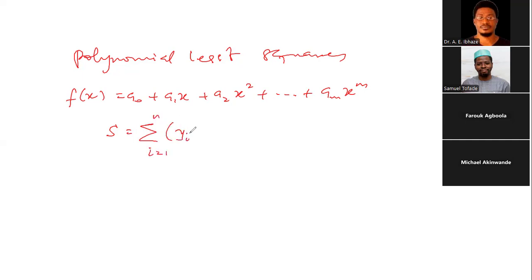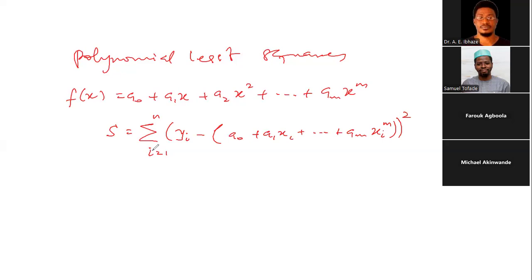Here, we subtract this function from y sub i: y sub i minus the bracket a0 plus a1 x sub i plus all the way to am x sub i to the m, all squared. This is what we want to minimize. Once again, we take the partial derivative for all of these coefficients and equate to 0, and there we go.